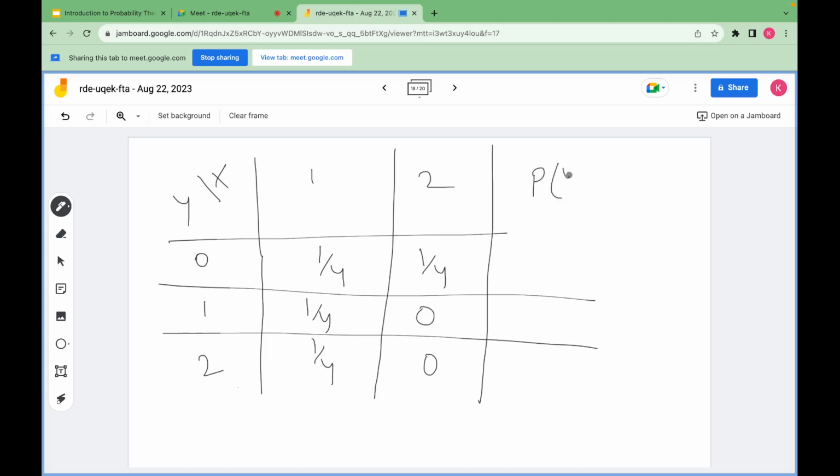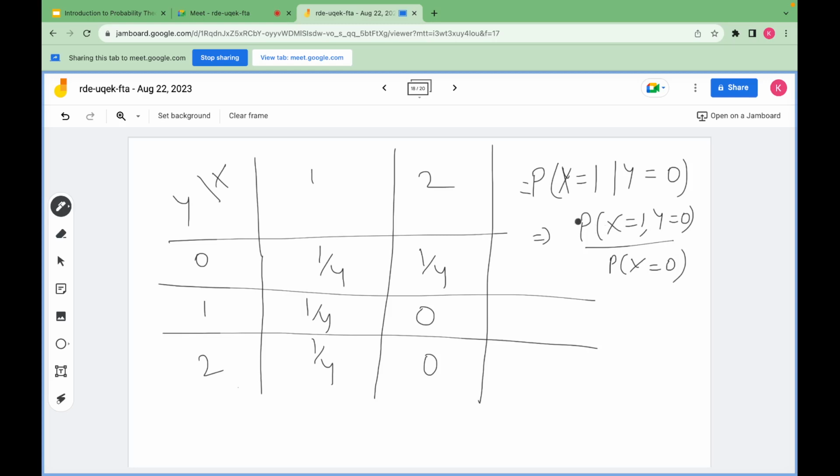We need to find the probability that x is equal to 1 given that y is equal to 0. So this is nothing but the probability that x is equal to 1 comma y equal to 0 divided by the probability that y is equal to 0.